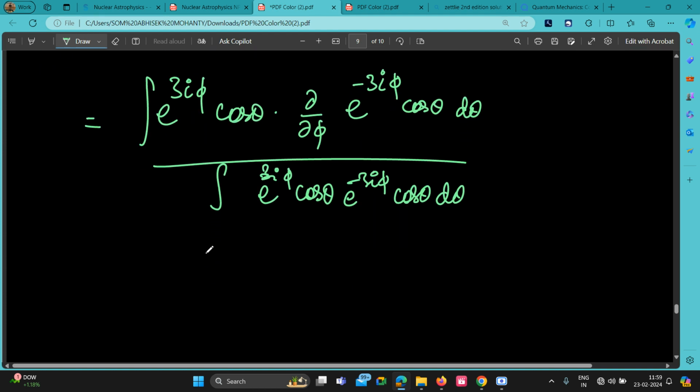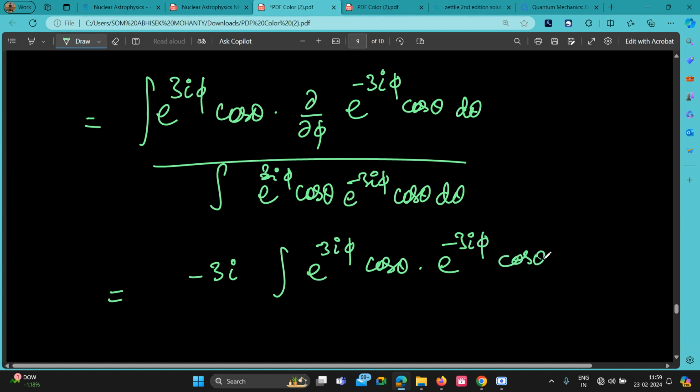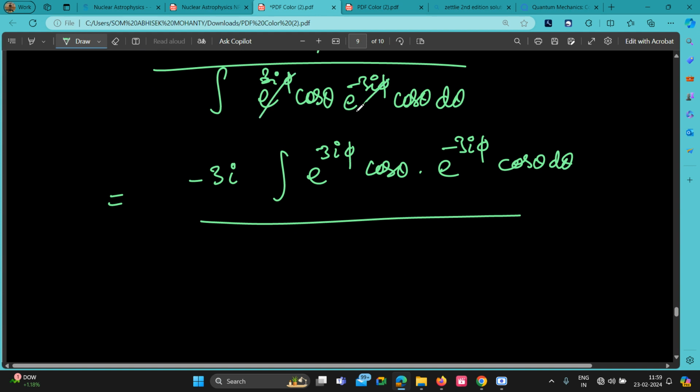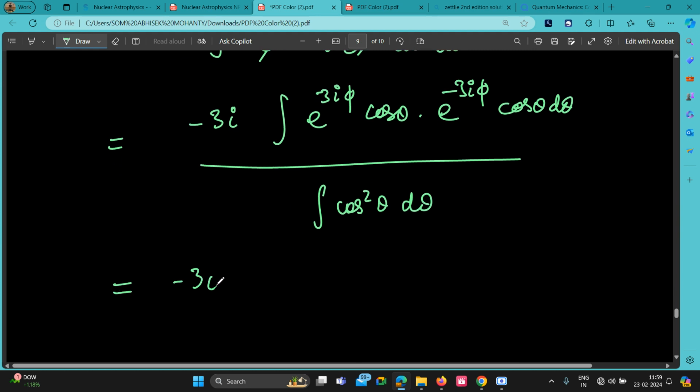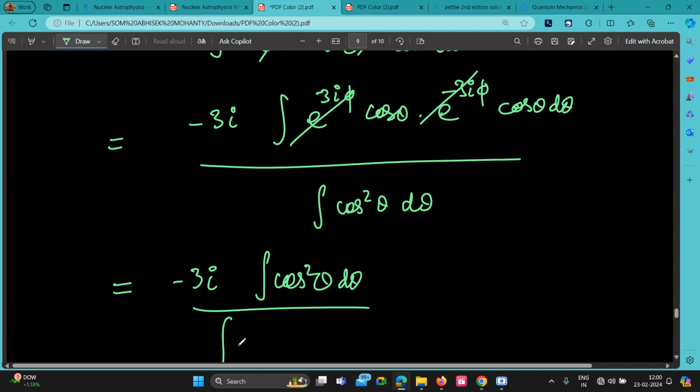Now if you see, the derivative is minus 3i, so minus 3i goes out, e to the power 3i phi cos theta into e to the minus 3i phi cos theta d theta, divided by the integration of the denominator, and these two cancel, leaving cos square theta d theta. The numerator is also cos square theta d theta after the derivative goes out.